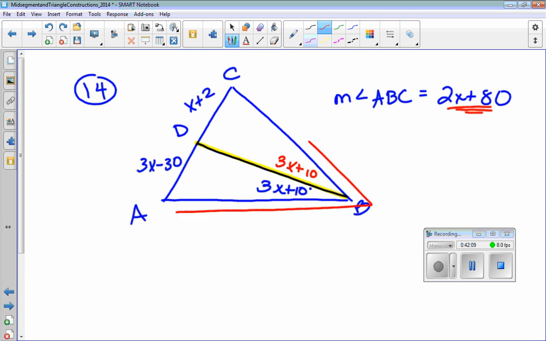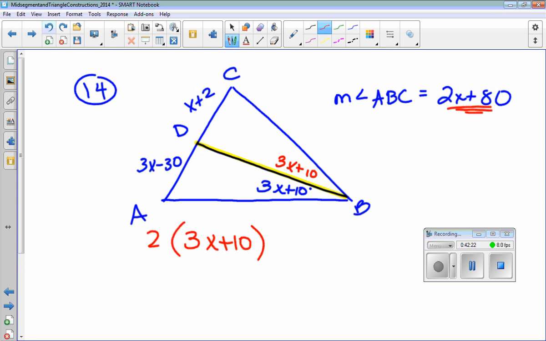So what can we do? We can use what we call the angle addition. We can say 3x plus 10, plus another 3x plus 10, or I can just double it. Either way works. Is equal to the whole thing. Would you agree with that statement? You could say 3x plus 10 plus another 3x plus 10 is equal to 2x plus 3. Either way. But you did need that piece of information.